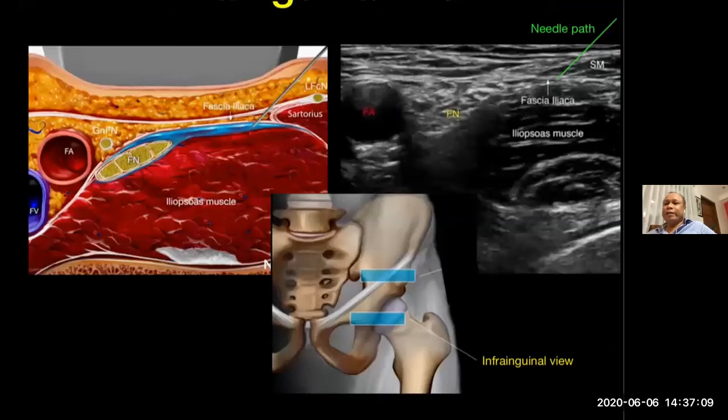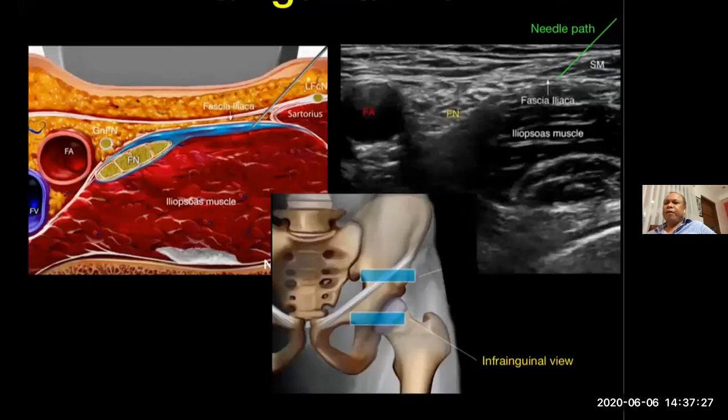There are two ways. We have the infrainguinal and we have the suprainguinal. So here, as you can see, the fascia iliaca is bounded by the iliopsoas, and then of course the sartorius muscle, and then of course the femoral nerve on the other side.